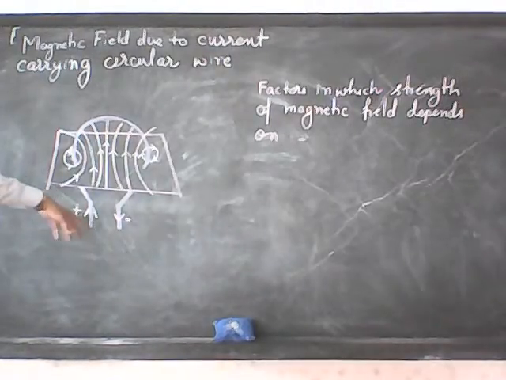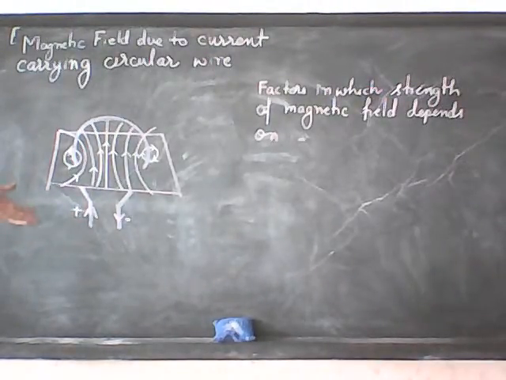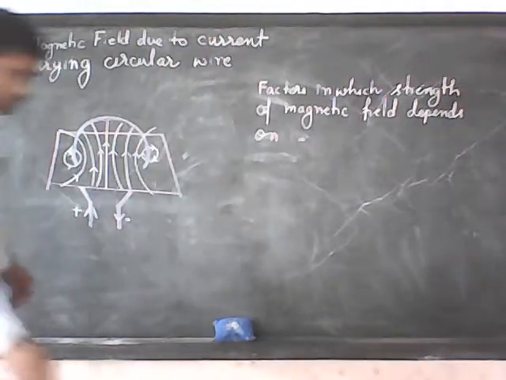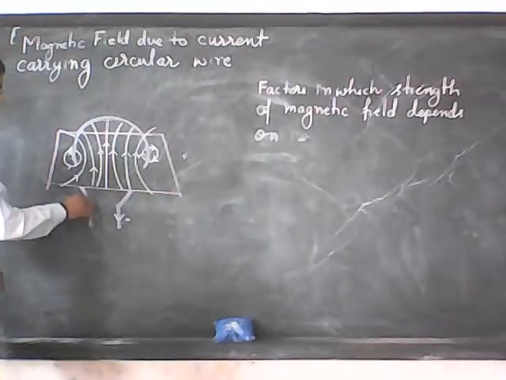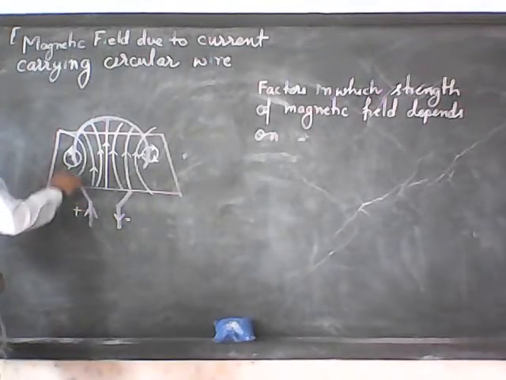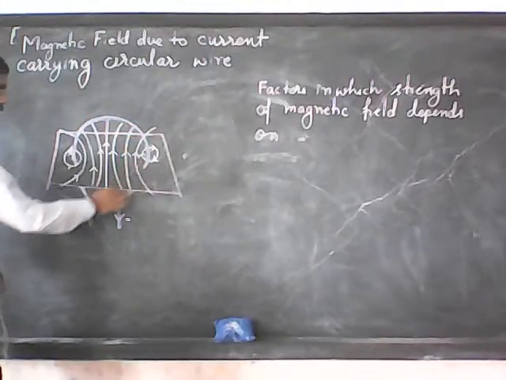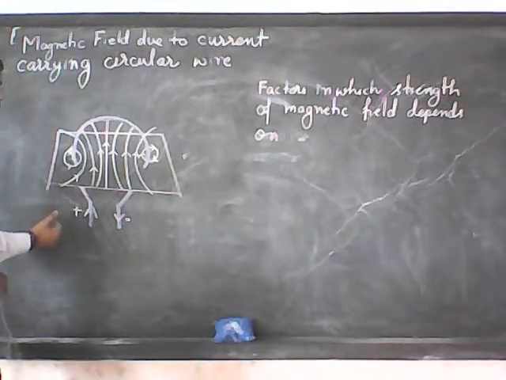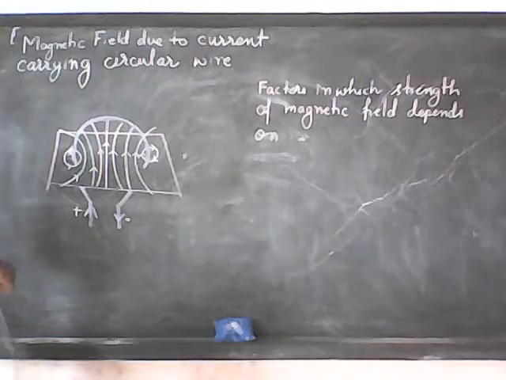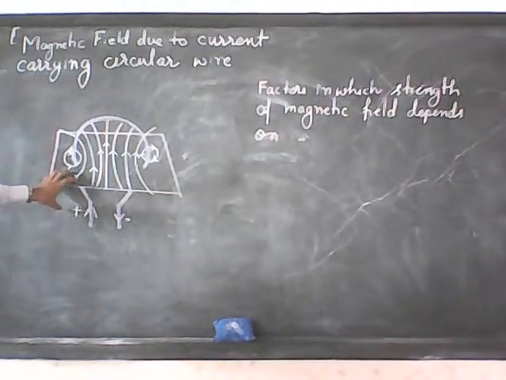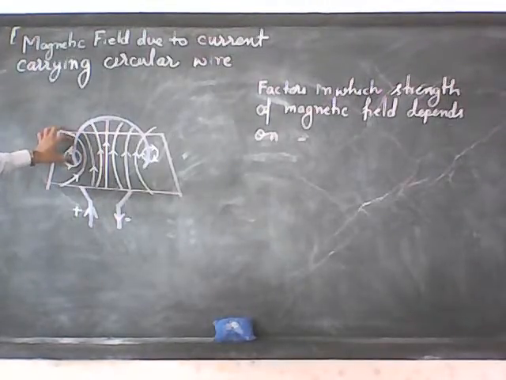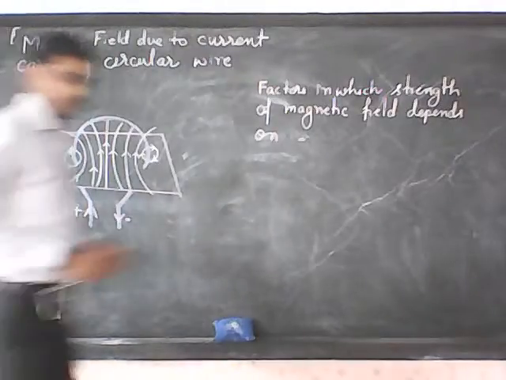Okay, we will try to learn the pattern of magnetic field lines produced around the current carrying circular loop. Suppose, students, this is a current carrying conducting wire in the form of a circular loop. So what will be the pattern of magnetic field? Now, to understand this, we can just take a small length or part of this wire.